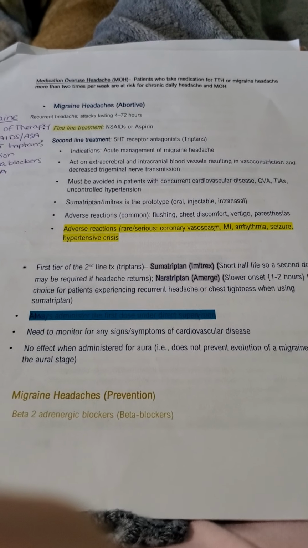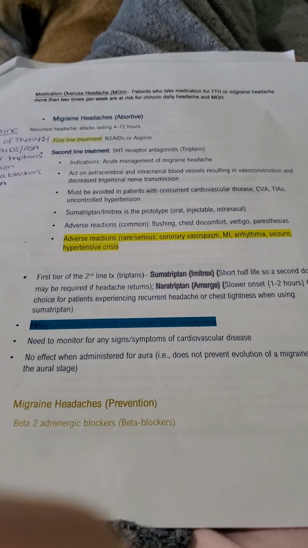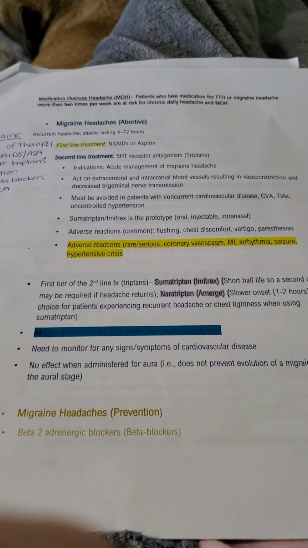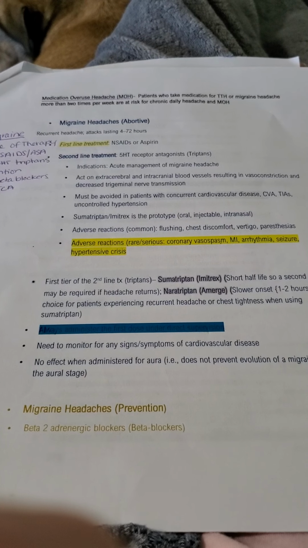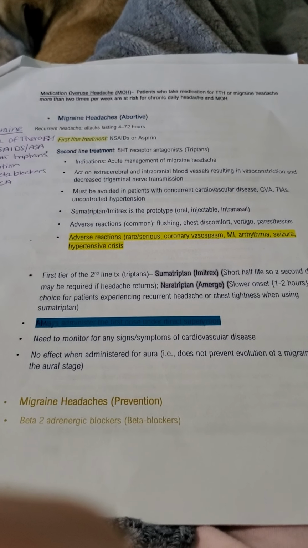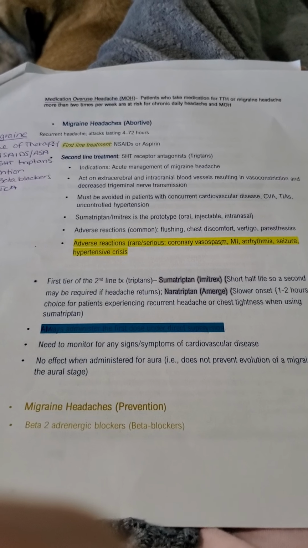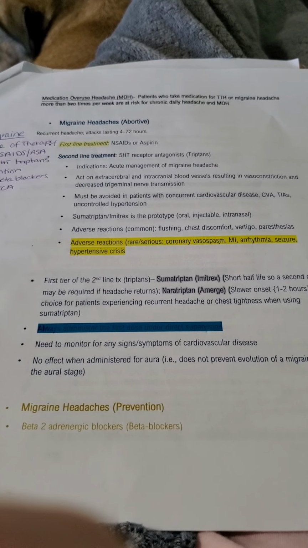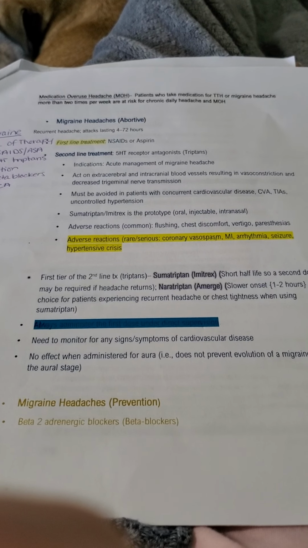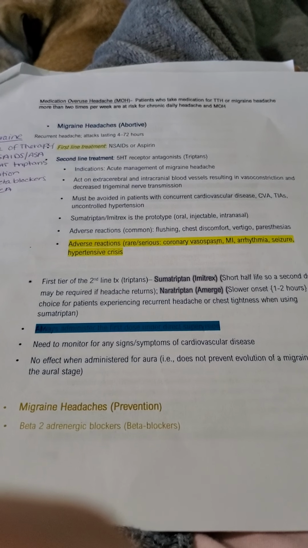Something to consider is medication overuse headaches. These are headaches that are caused from patients who take medication for tension headaches or migraine headaches more than 2 times per week. They are at risk for chronic daily headaches and medication overuse headaches.